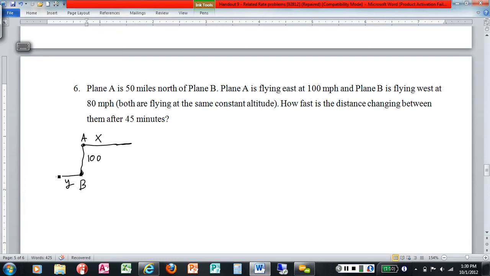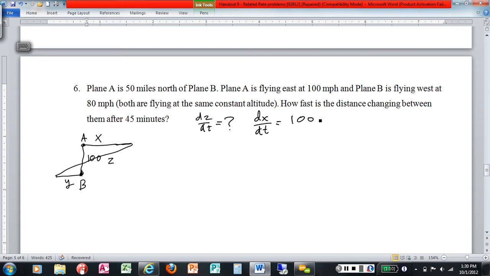So what am I looking for? I'm looking at this distance right there, which is our Z. How fast is that changing? So again, I'm looking for dz/dt. And again, I have dx/dt. What's dx/dt? The rate at which x is changing? It's 100 miles per hour.